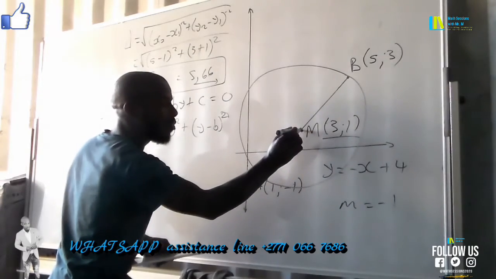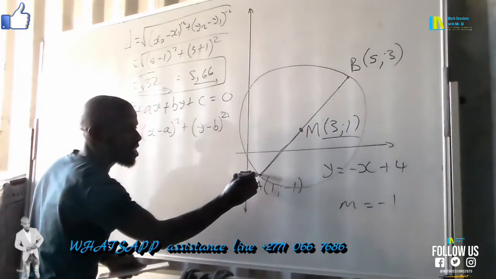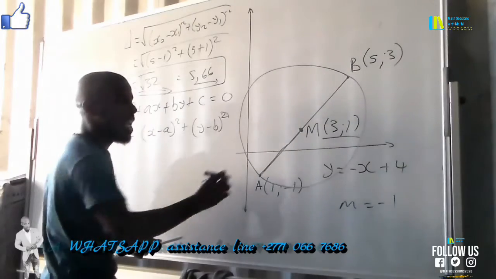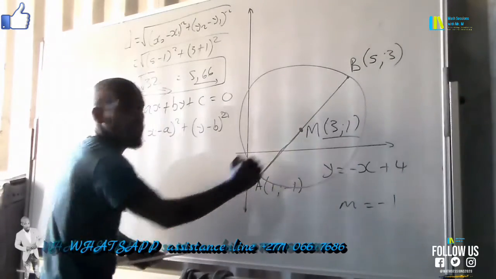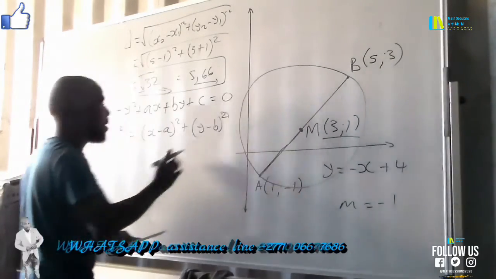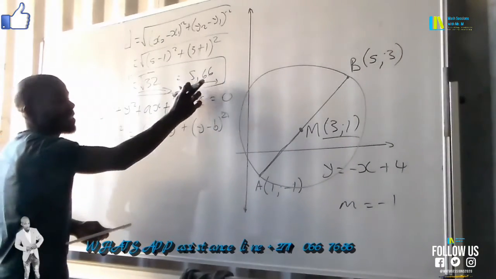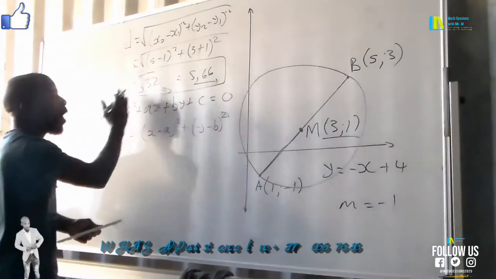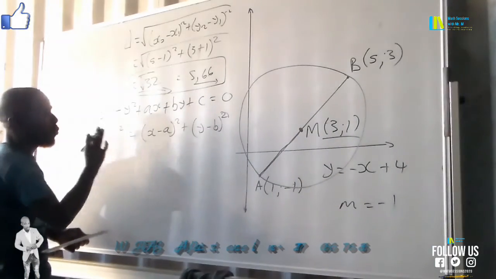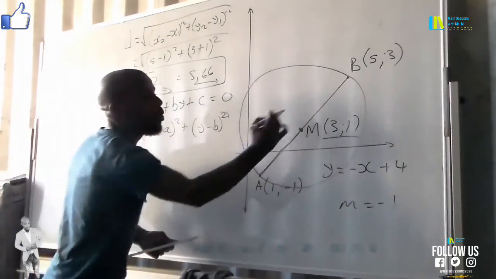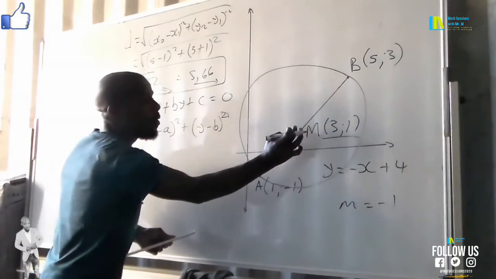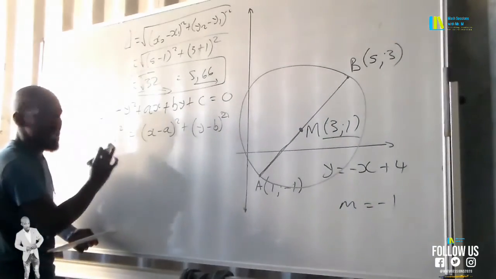So from the center of the circle to the circumference of the circle, that becomes your radius, and the total distance across is the diameter, which is 5,66. And when you multiply this by 2, you are going to get around an 8.